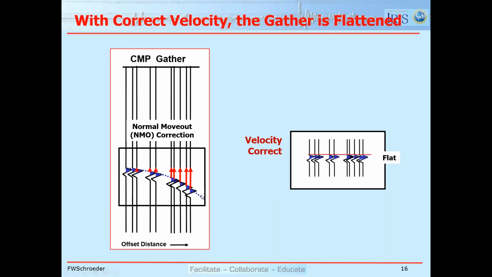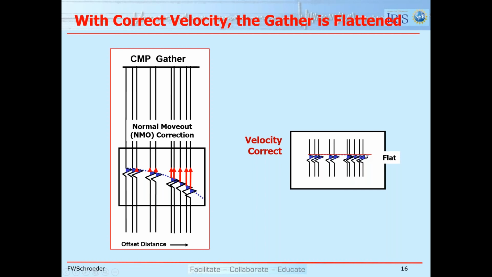If we use the perfect velocity, then all those traces from close to the source to far away, or from near 0 incident angle to far incident angle, all of those will be flat. And so we talk about flattening the gather.